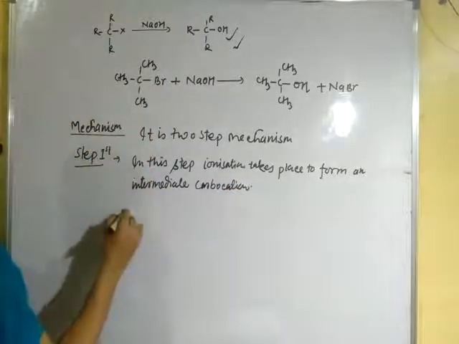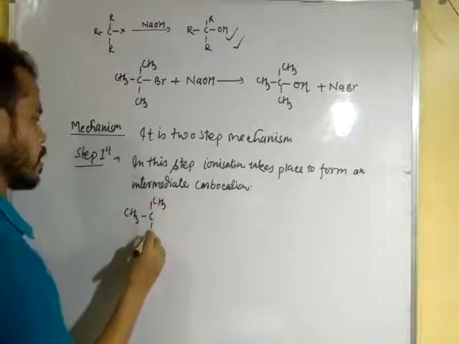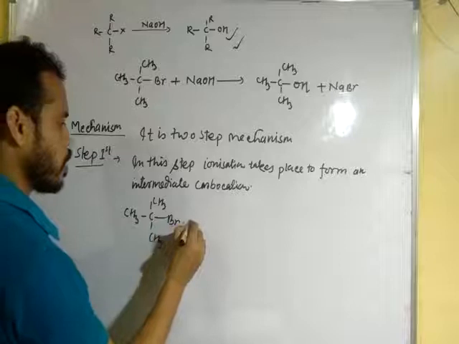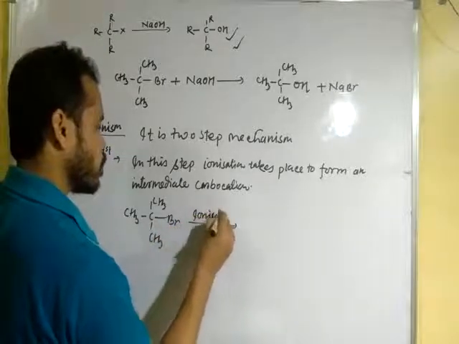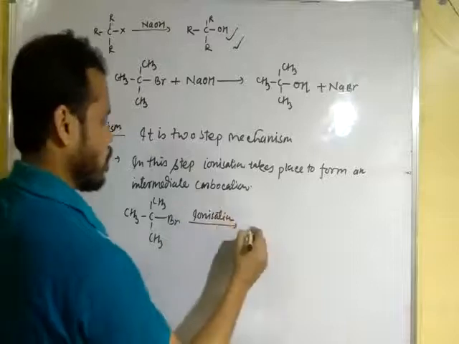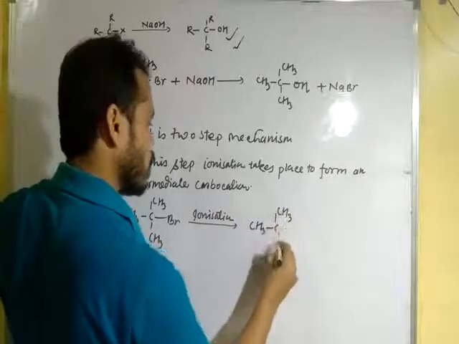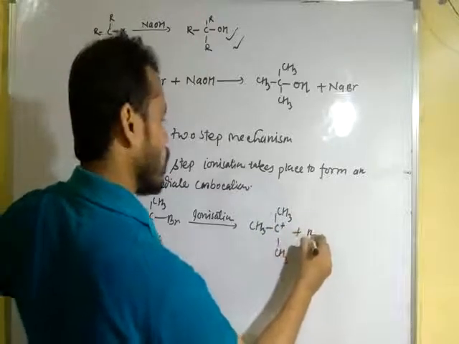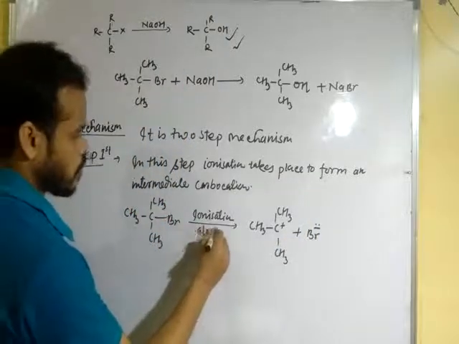Now take here CH3, CH3, CH3 and Br. Ionization forms CH3, CH3, CH3 with a positive charge, and the bromide ion is released. This is the slow step.